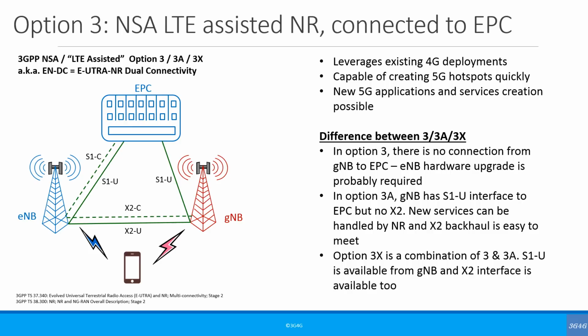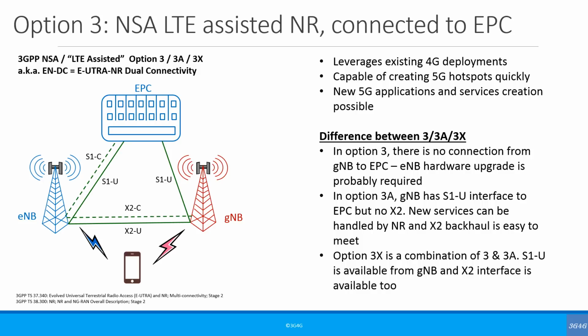This means that the E node B hardware upgrade will probably be required, because there will be a lot more additional traffic that needs to be handled by it. In option 3A, there is an S1U connection from G node B to EPC, but there is no X2U.